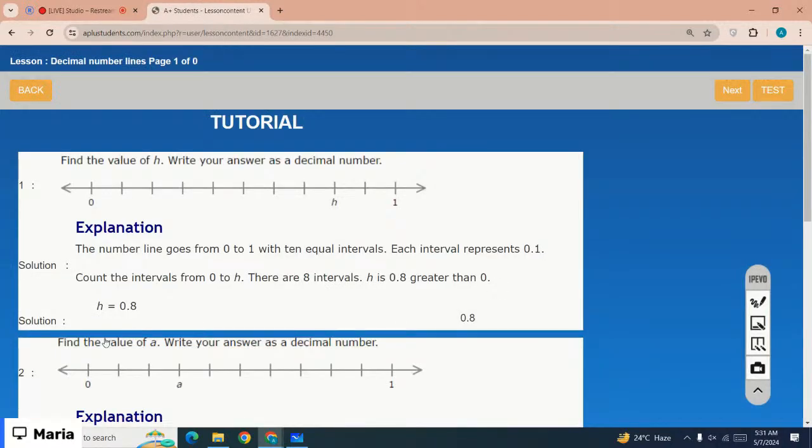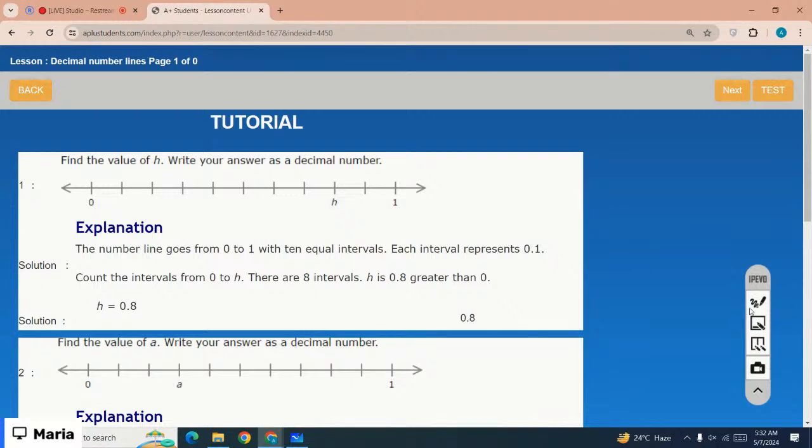Okay, find the value of h. Write your answer as a decimal number. So let's just understand the number line first, right? The number line goes from 0 to 1.